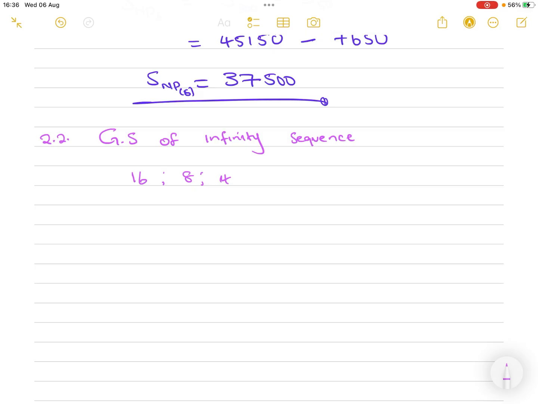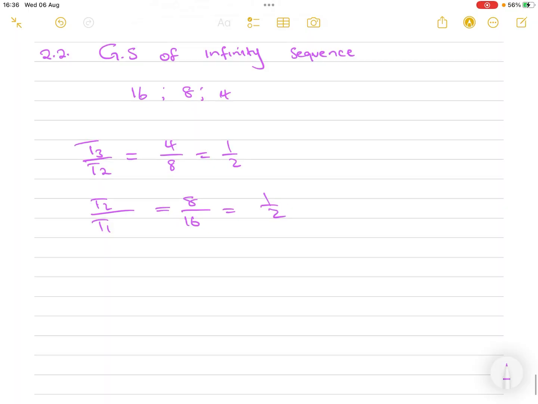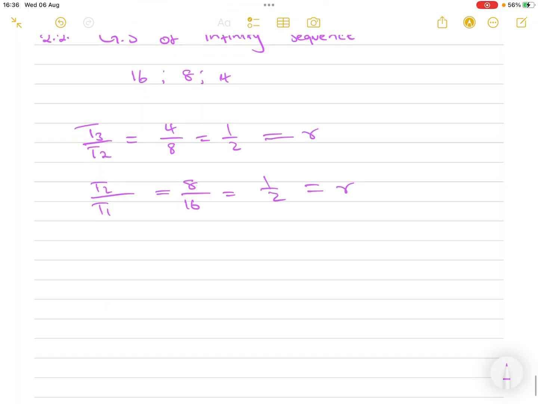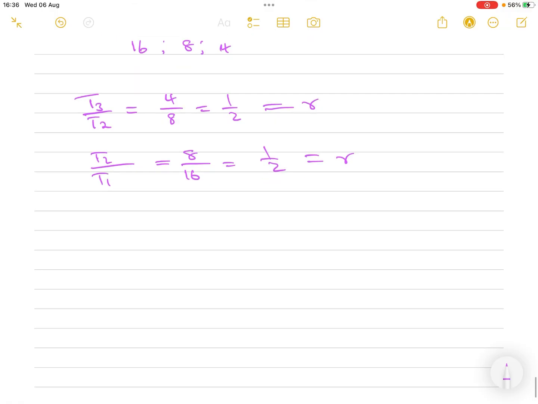In this case, I'm told that it's geometric, meaning this is what I want: T3 divided by T2, of which is 4 over 8, is equal to 1 over 2. And then let me look at T2 divided by T1, of which is 8 over 16, of which is 1 over 2. By the way, my ratio is common. It's both equal to half.